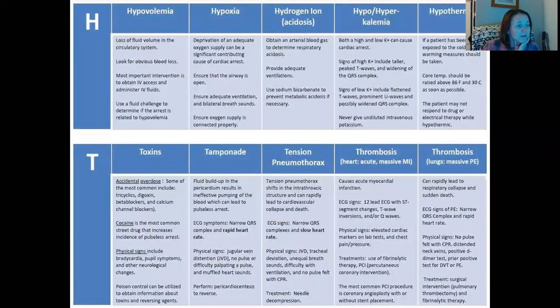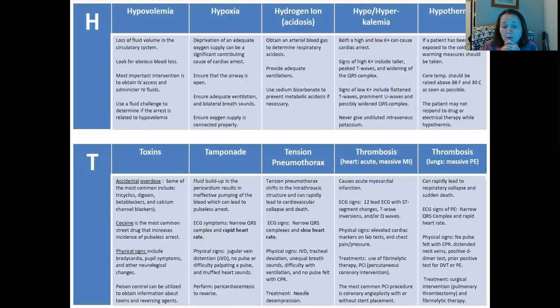All right, so like I said, let's look at these H's and T's. That's what we call them, the H's and T's. These are our underlying causes for lethal rhythms. Differential diagnosis is another term you'll hear, or underlying cause. So why does it matter what is going on?